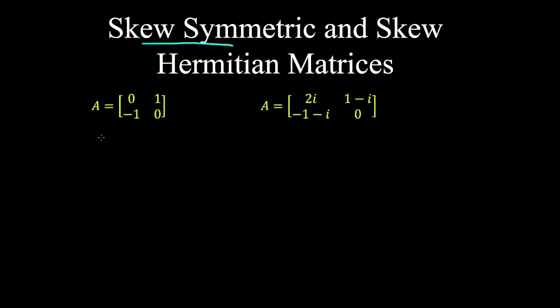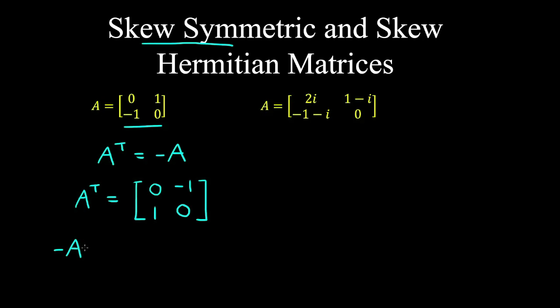A skew-symmetric matrix with real entries is defined such that the transpose of A is the same as negating A. So as we can see, if we take the transpose of A, the zeros on the main diagonal don't get altered, and minus 1 gets swapped with 1.